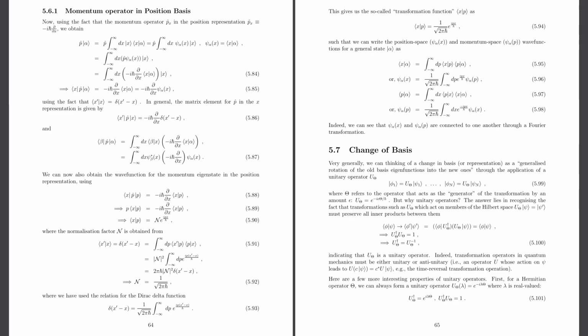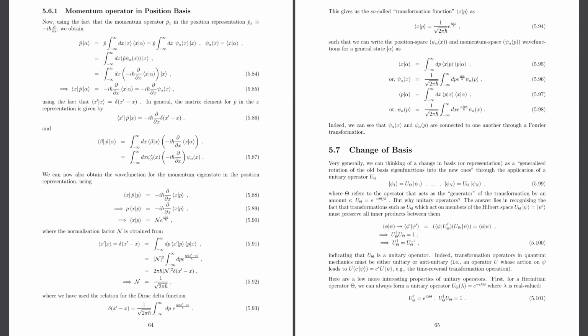That function is just about a blip, and it's 0 everywhere else. Which means that if this kind of object describes the wave function, the state function of a system, then the particle would be sitting right there and nowhere else when x prime is equal to x. And how did I do this? I had to add up an infinite number of waves, add up all their contributions, and then I got this.